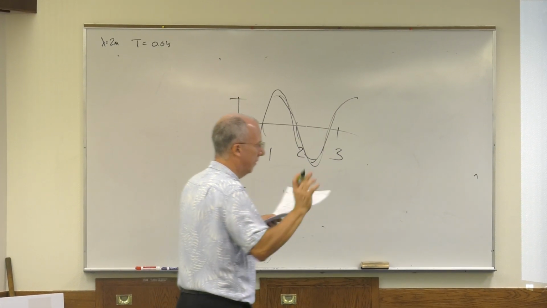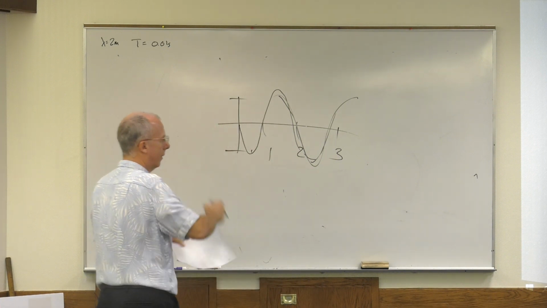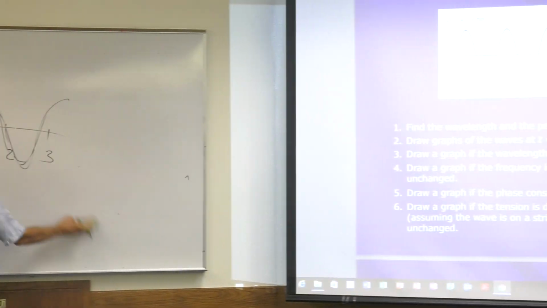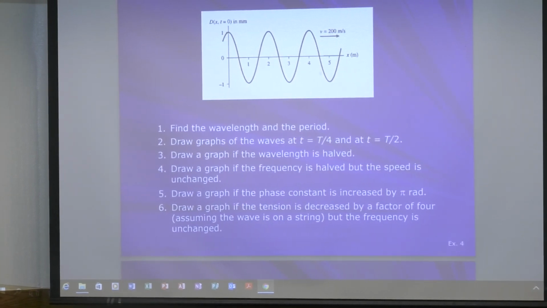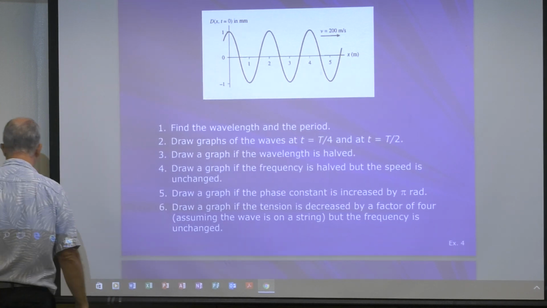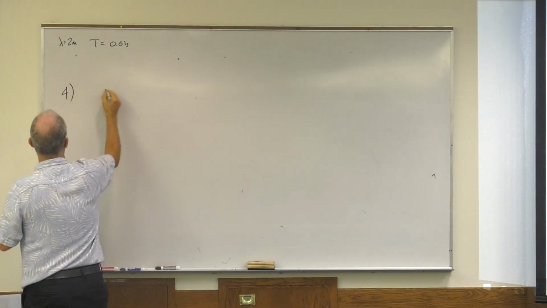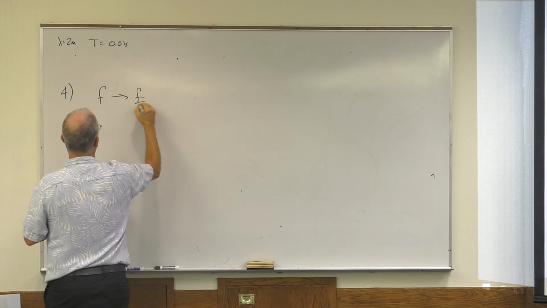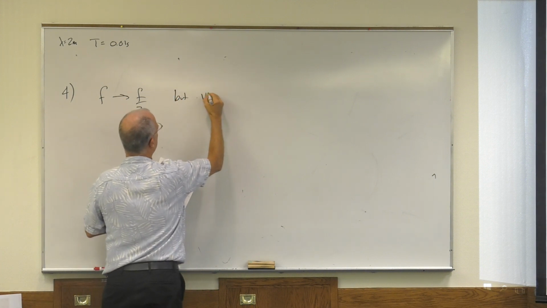All right. Okay. Number 4. Everybody agree? Okay, number 4. Draw the graph if the frequency is halved, the speed is unchanged. Okay, so for number 4, the frequency goes to f over 2, but v is constant.